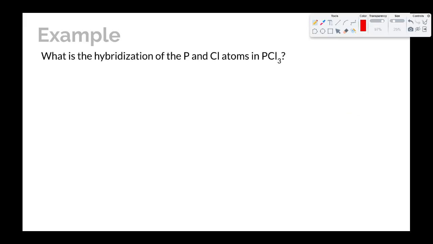Another example. What's the hybridization of the P and the Cl atoms in PCl3? Lewis structure looks like this. Everything has steric number 4.